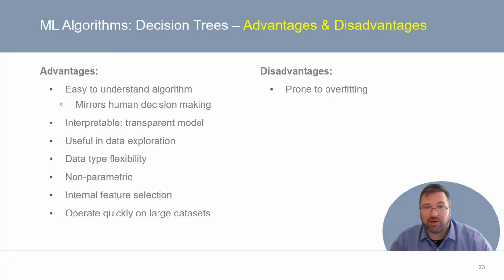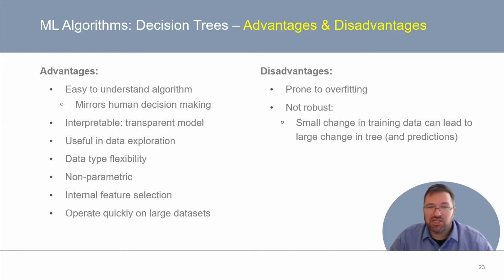While all machine learning algorithms are susceptible to overfitting, algorithms such as decision trees can be even more so, especially when allowed to train very deep and complex trees. Additionally, they are not regarded as being robust, meaning that even small changes in the training data can lead to a large change in the tree that ends up being trained, as well as the predictions those trees will make.